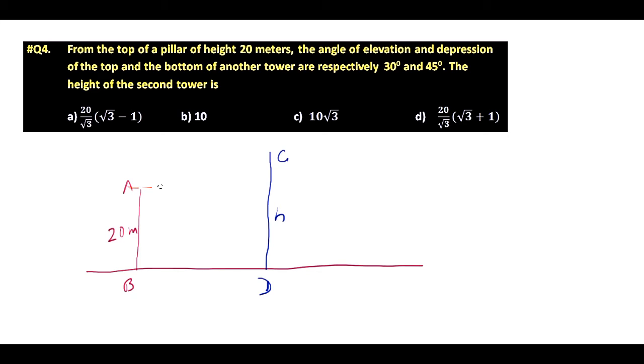your first task is to draw a horizontal line through the eye of the observer, because otherwise you will not be getting the angle of elevation and angle of depression. So horizontal line we have done. So once we see this particular point from here, this will be the angle of elevation, and that is given as 30 degree.